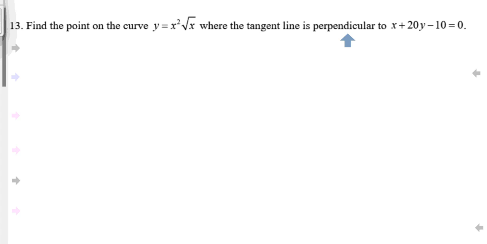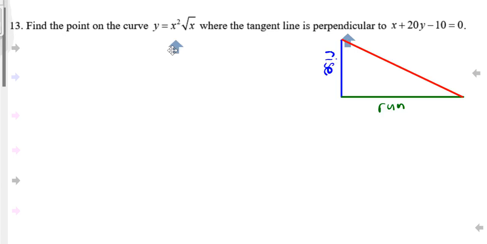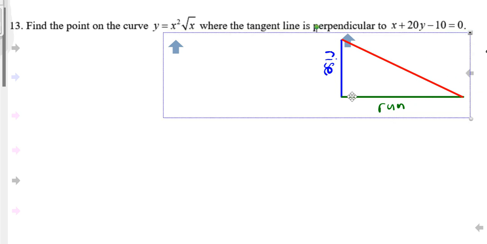So I'll get you started on this, and this is where we'll end off for today because we only have like 3 minutes left. And as you heard earlier, just a reminder that perpendicular means my rise and my run, they flip.